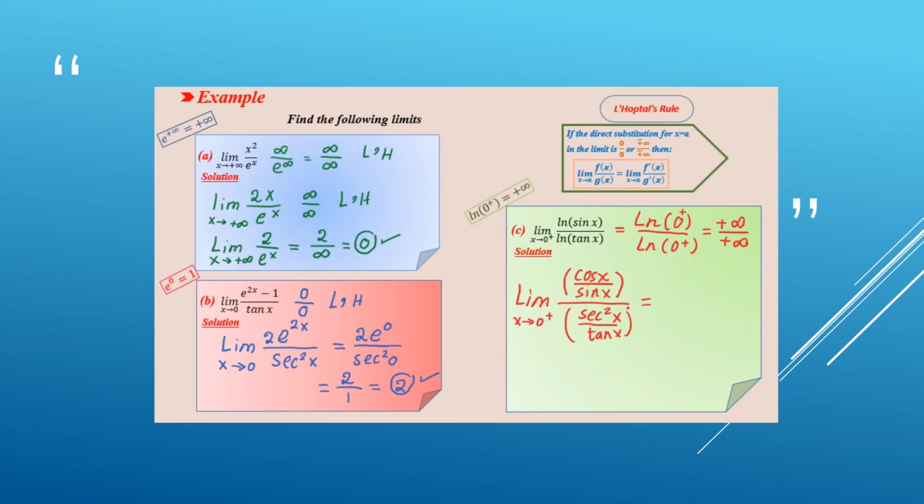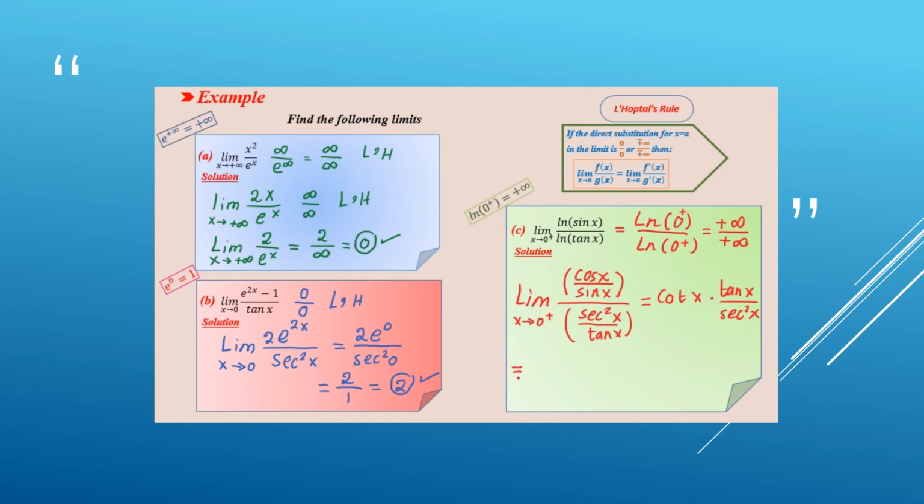And as you know, cosine x over sine x equals cotan x, and you have to convert divide to multiply, multiplying by the reciprocal of this denominator. So cosine x over sine x equals cotan x, multiplied by the reciprocal, which is tan x over secant squared x.